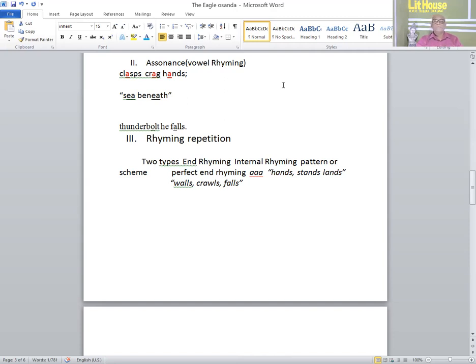Now we have discussed all salient poetic devices used in this poem. Now you see, the poem is structurally very small.